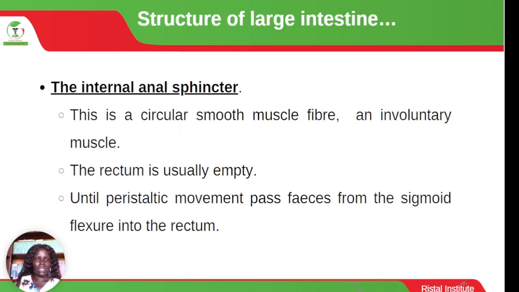So the sphincters include the internal and the external anal sphincter. The internal anal sphincter is a circular smooth muscle fiber, an involuntary muscle. The rectum is usually empty until peristaltic movement passes feces from the sigmoid flexure into the rectum.